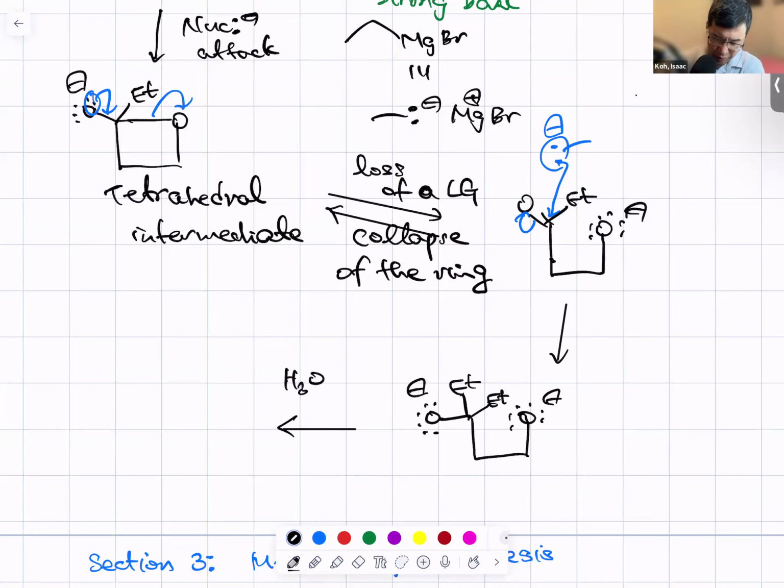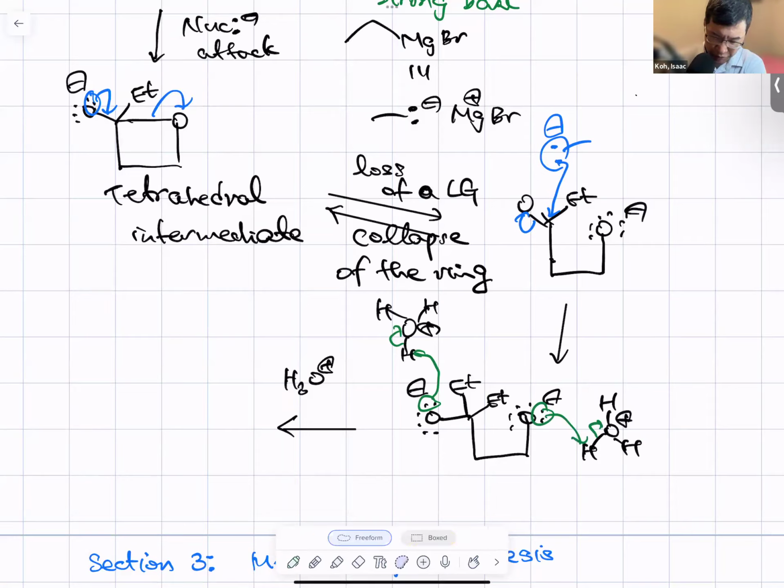And finally, when you do workup, H3O plus, it'll be protonated, protonated, and protonated. Then finally we go all the way to the primary alcohol and a tertiary alcohol.